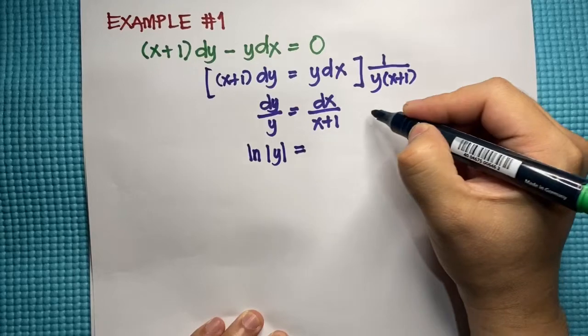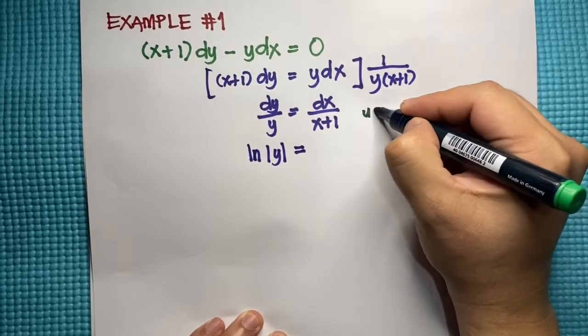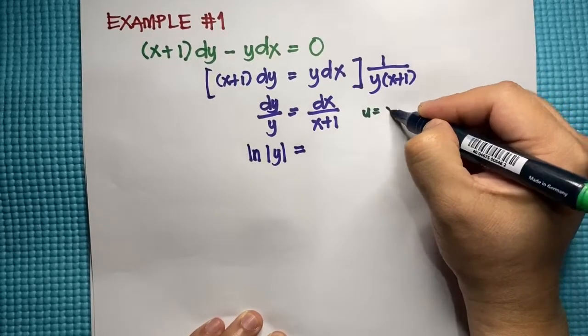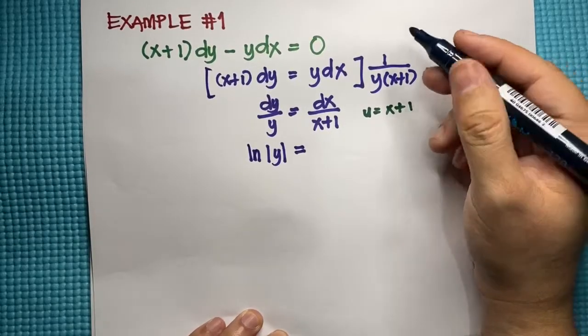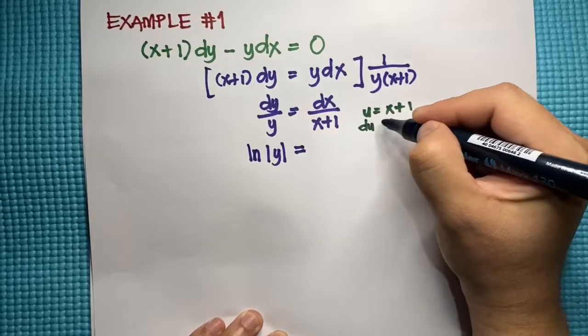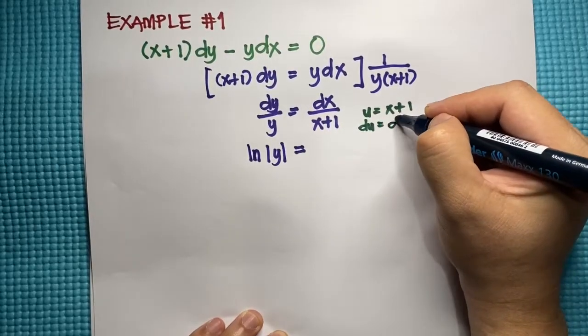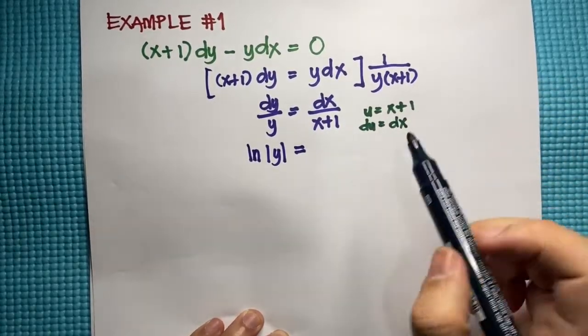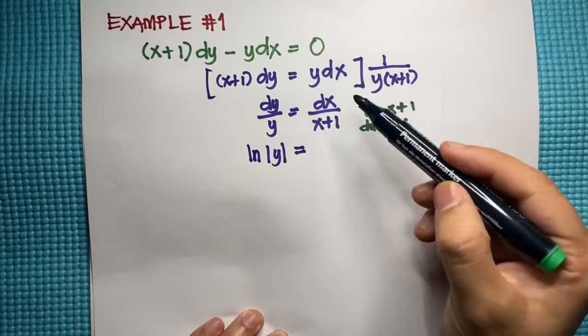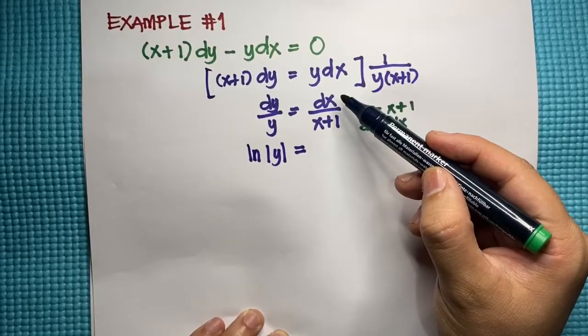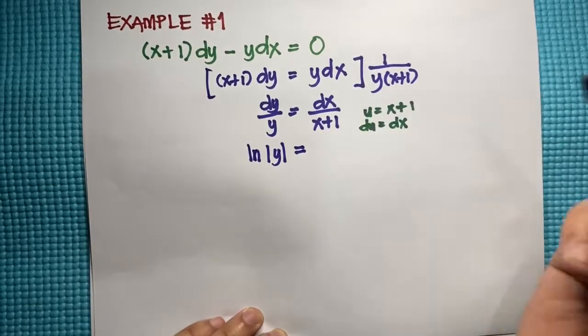As you can see here, the denominator is x + 1, and the derivative of the denominator yields dx, which is our numerator.